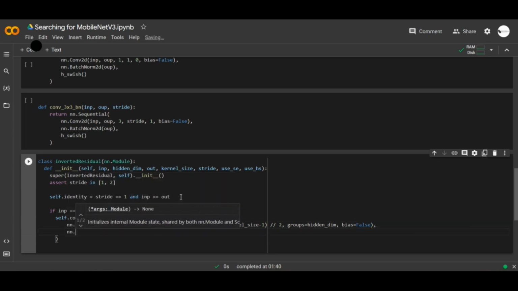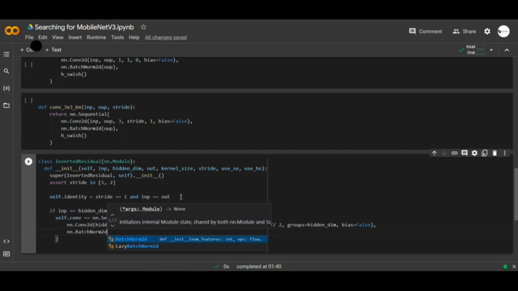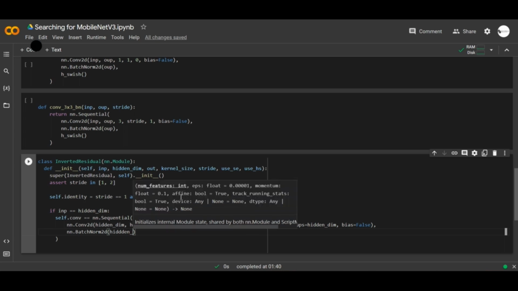Then we're gonna say nn.BatchNorm2d. That's right, we're applying this across the hidden dimension.